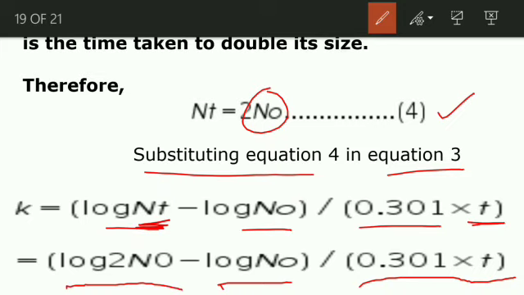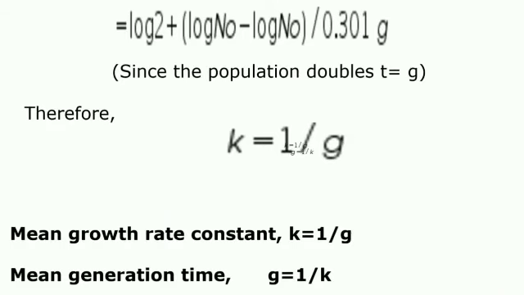That is what K becomes. So now if you expand this, the equation becomes log 2 plus log n naught minus log n naught by 0.3010.